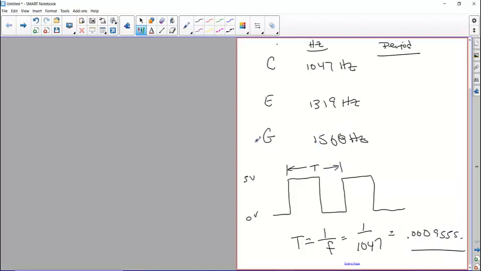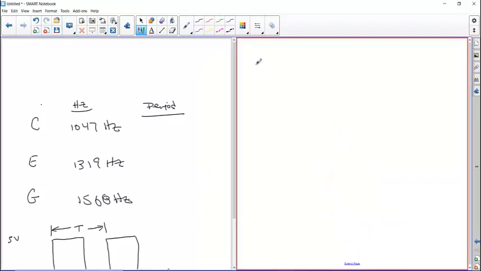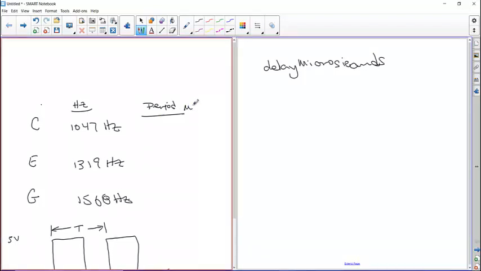Now, when we do this buzzer, we're going to do, remember, delay in microseconds. So for a C, the period turns out to be in microseconds. Micro is this mu term, microseconds, 10 to the minus 6 seconds.